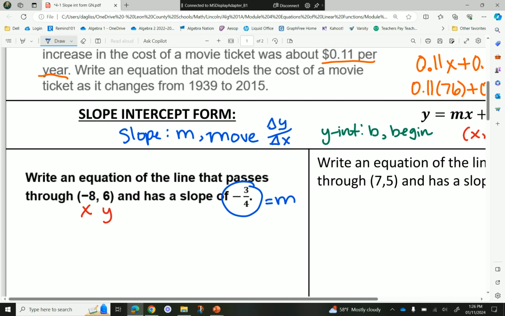That's the part that we have to have. When we write it in slope-intercept form, we need to put a value in for our m and a value in for our b. So we have to use what we have to find the b.